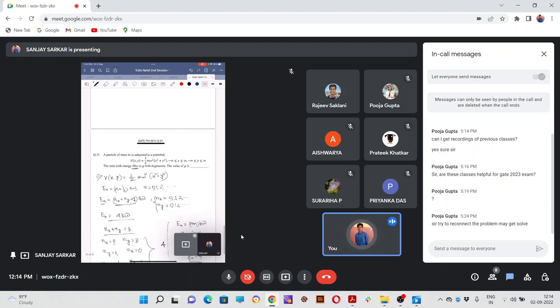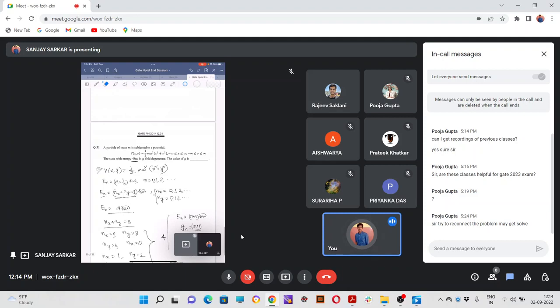Now the given energy E n is 4 h bar omega. Even if you don't know that it is n plus 1 degenerate, you can still find it, that the energy is 4 h bar omega, and this is equal to n x plus n y plus 1 h bar omega.